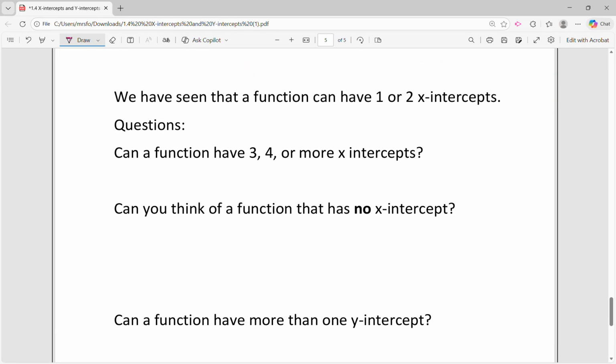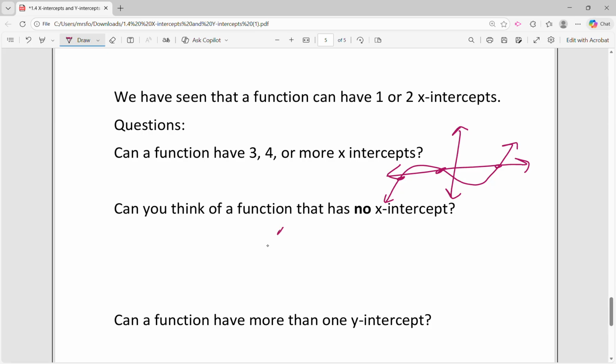So we have seen that a function could have one x-intercept or two x-intercepts. Can it have 3 or 4 x-intercepts? Yes, because it could have a function, for instance, this right here would be a function, but we would have 3 x-intercepts.